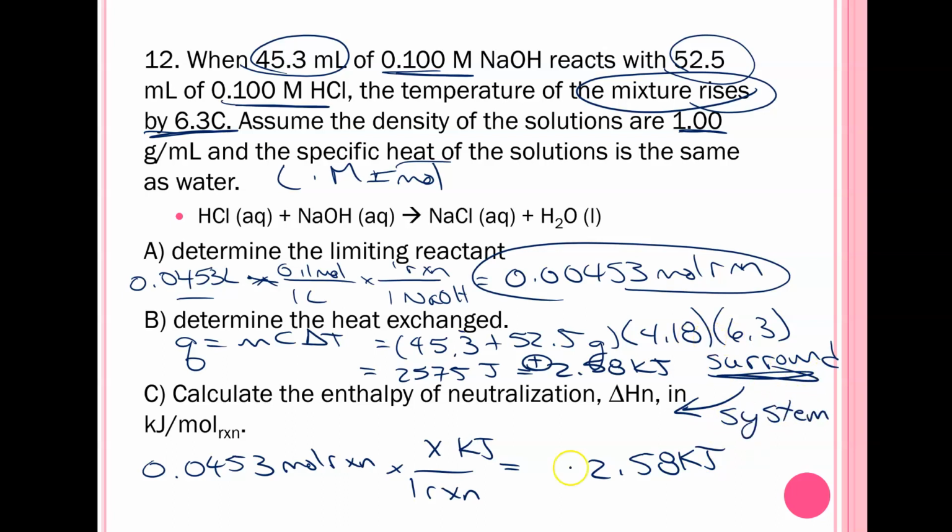The surroundings took in the heat, the system gave it up. Do the algebra, X ends up being negative 570 kilojoules. Okay, so that's probably the hardest thing, is to recognize the difference between the system and the surroundings. Whatever the surroundings sign is, the system is the opposite, because that's where the surroundings exchange the heat with.